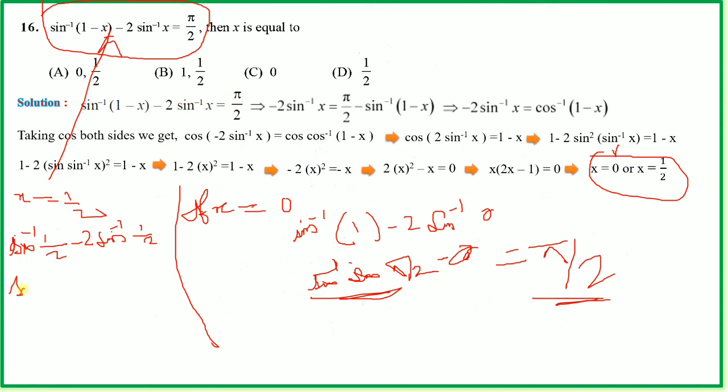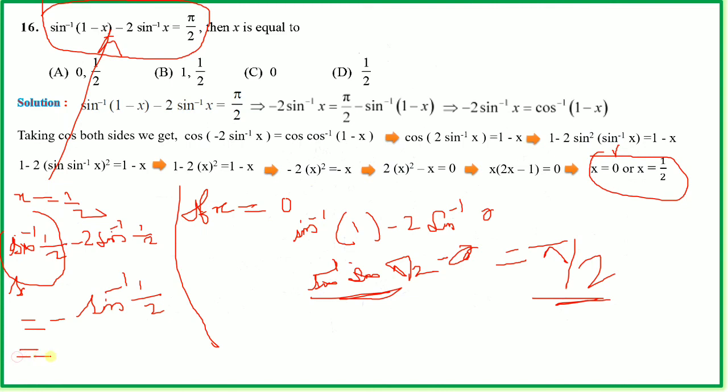Then we have sine inverse 1 by 2 minus 2 sine inverse 1 by 2, so we will have minus sine inverse 1 by 2.